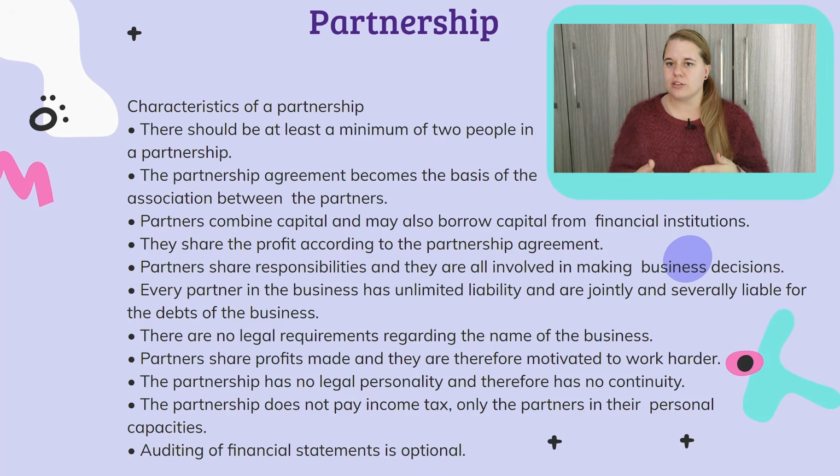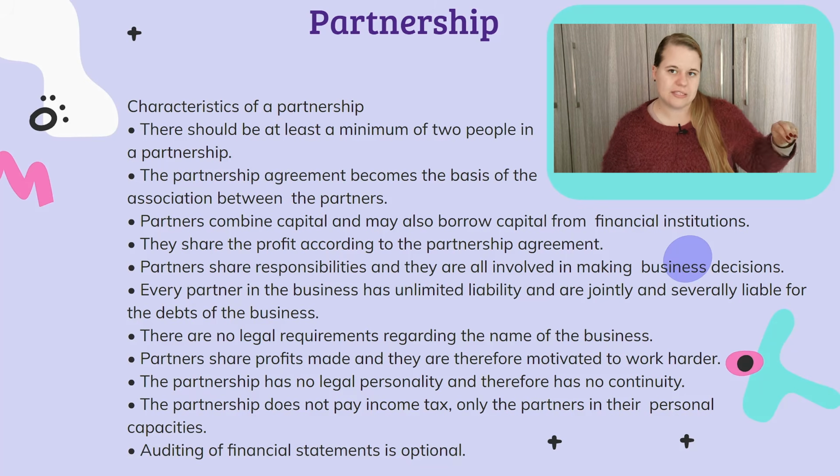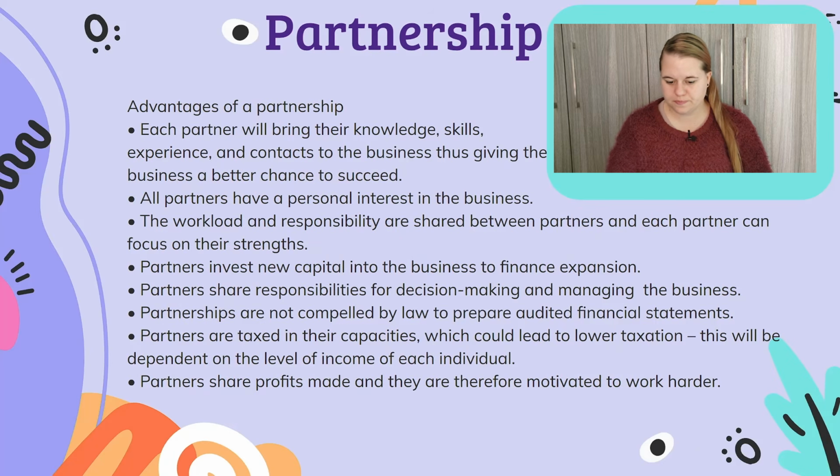So again, if the partners die, the business dissolves as well. The partnership does not pay income tax, only the partners in their own personal capacity. So they pay their own personal tax, not the business paying tax. Auditing of financial statements is optional.